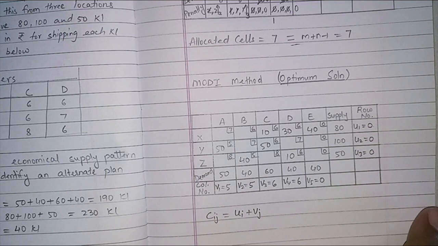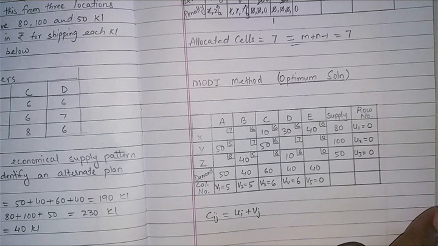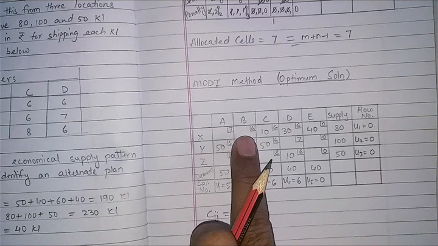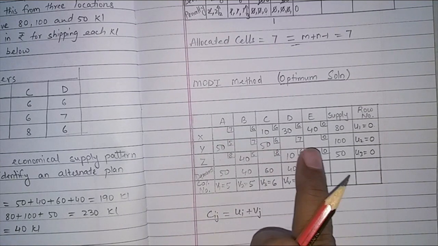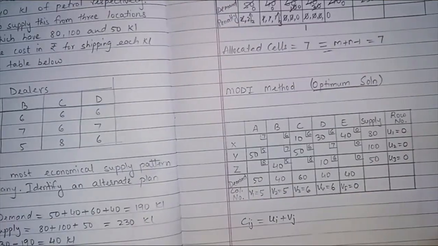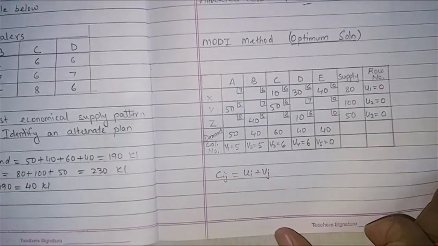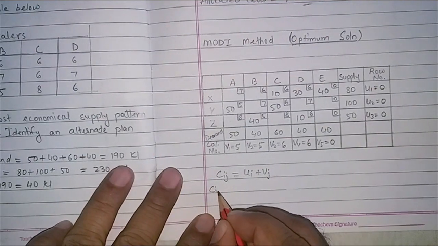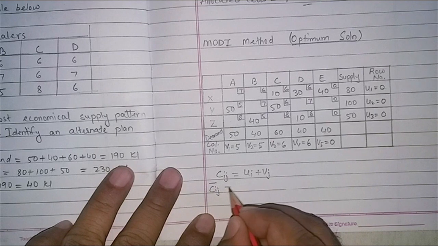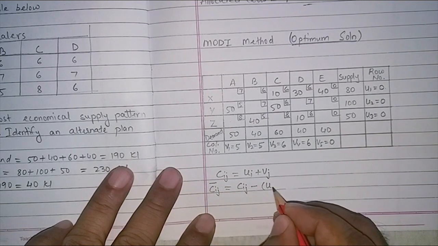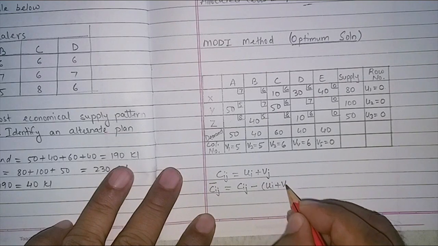Once we find this, the next step is to find the opportunity cost for the unoccupied cells. So we have these unoccupied cells and we are going to quickly find their values by using the formula Cij bar equal to Cij minus (Ui plus Vj).